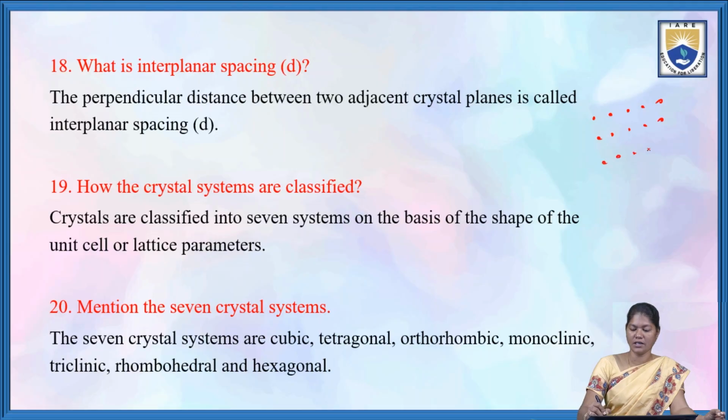So this is a lattice. Here these are the lattice points, and each point represents a lattice point. So the line passing through the lattice points is called the crystal plane, or lattice plane.